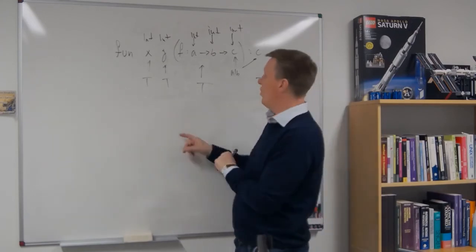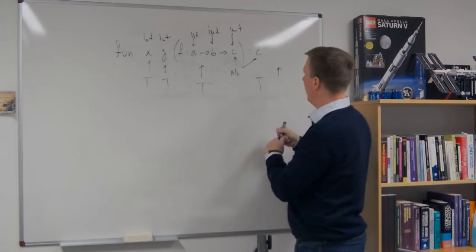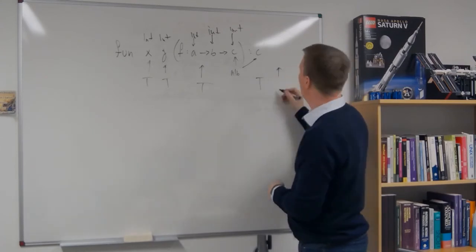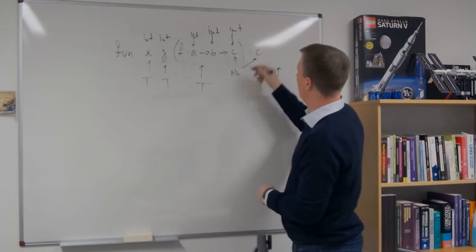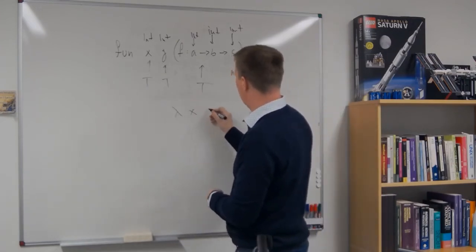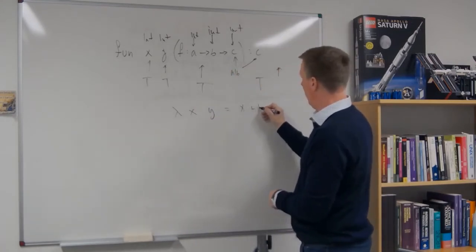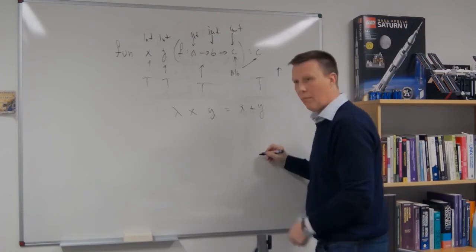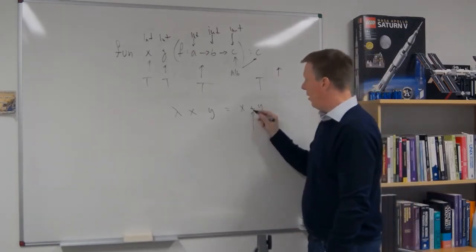So instead of checking that everything is okay in order to see that things match up, they can look at the result of something and say, well, okay, this produces an int. So if I make some function here, let's say lambda x y equals x plus y, then the type checker would see this thing here and it would say, oh, I know what this thing is.